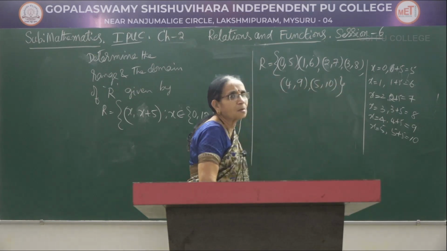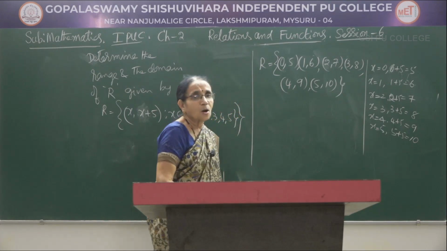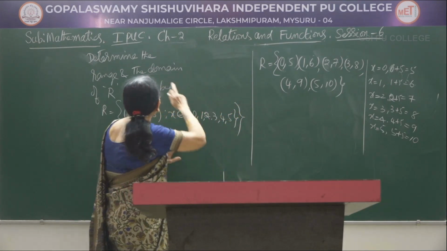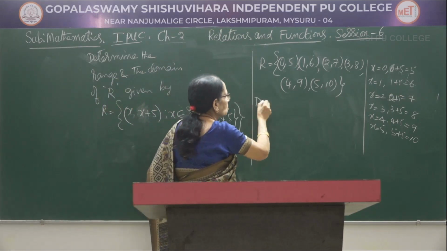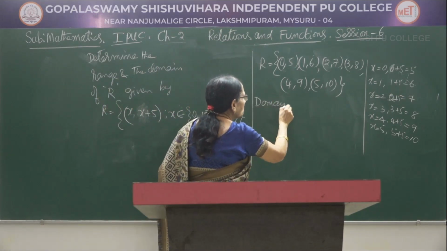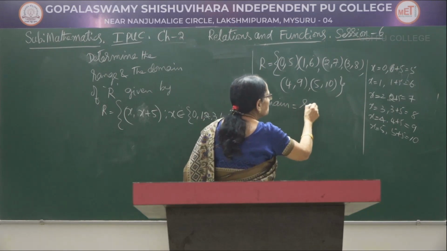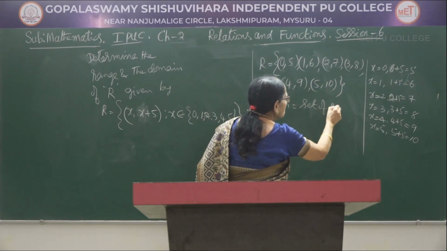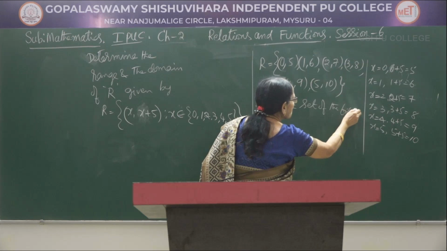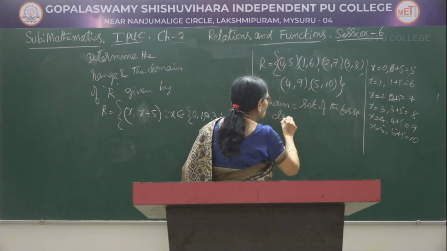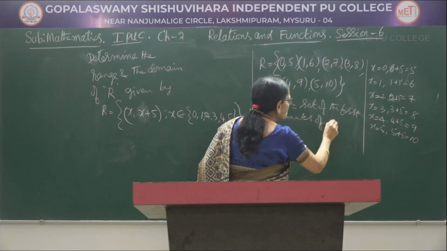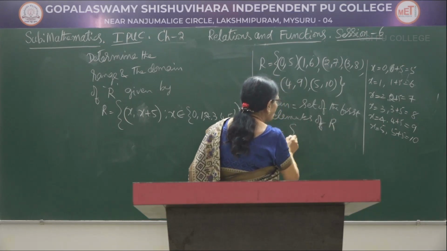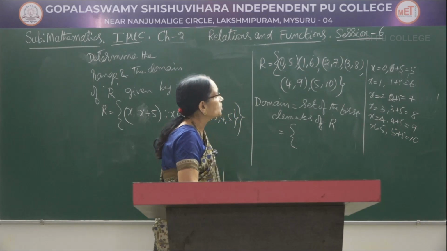Now, we have written the elements in the roster form. So, what we have been asked to write here, determine the range and the domain. First, we will write the domain. How do you write the domain here? As you know, it is the set of the first elements of R. That means, look at this one.